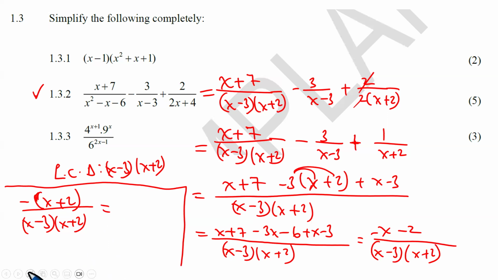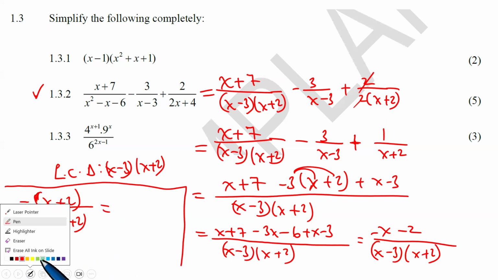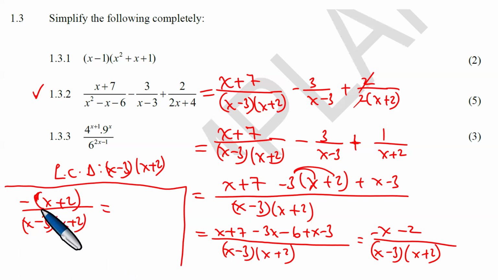I'm going to send you the video, then you can play it back and try these on your own. If you cancel x plus 2 with x plus 2, you're left with minus 1 over x minus 3. And this is the answer.